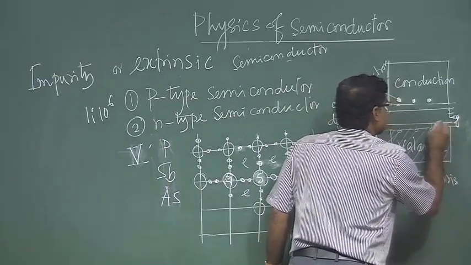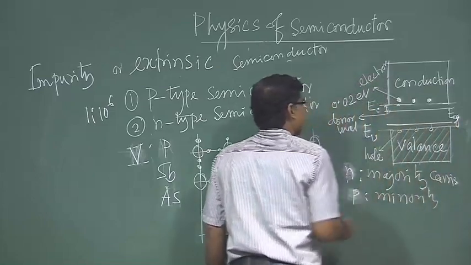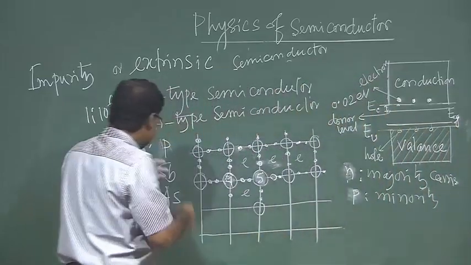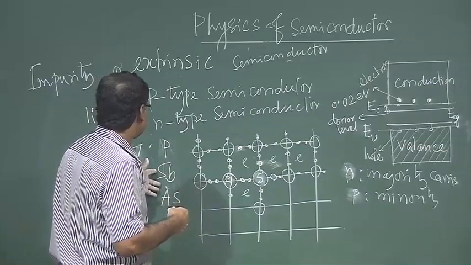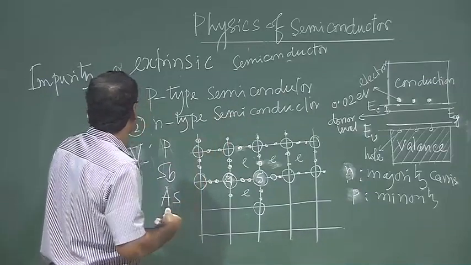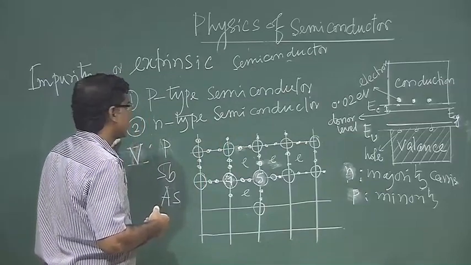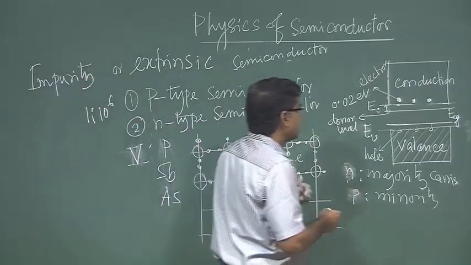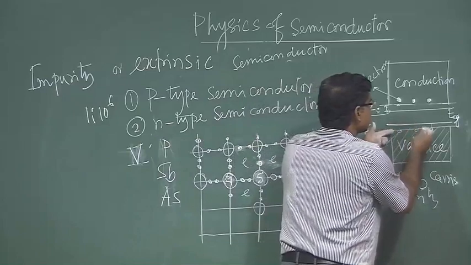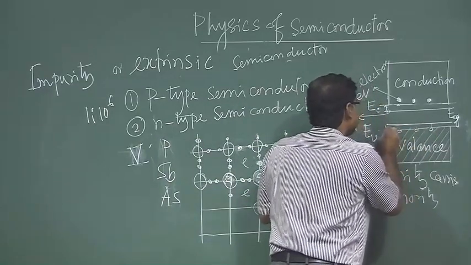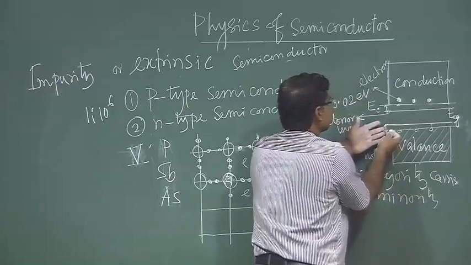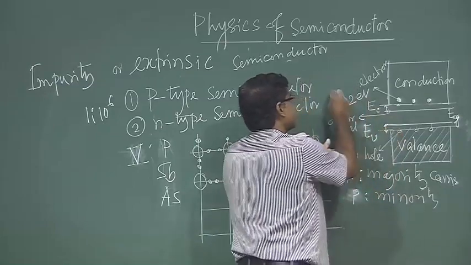That energy level, from where valence electrons come to the impurity atom, is at the top of the valence band, very close to it, with an energy difference in this range.